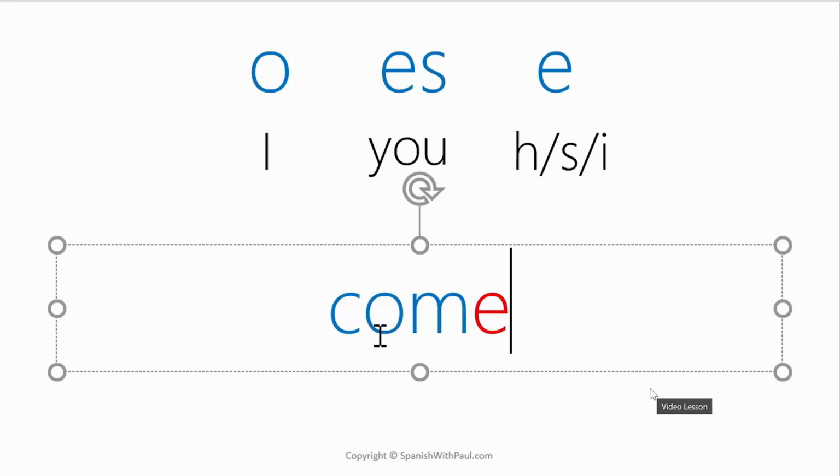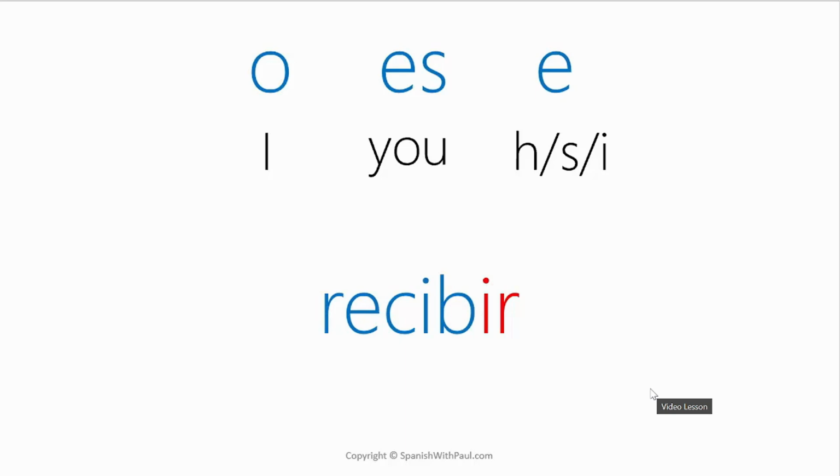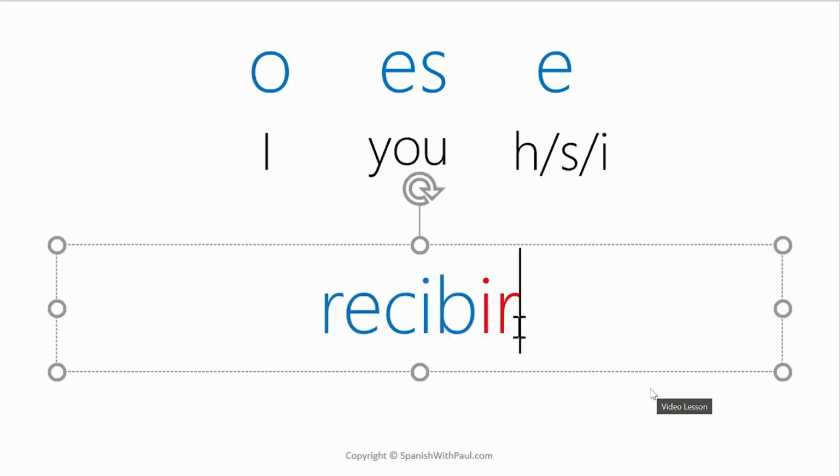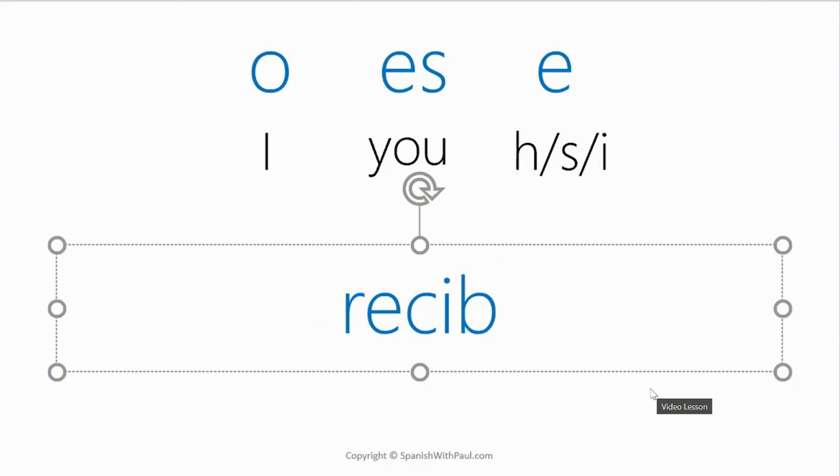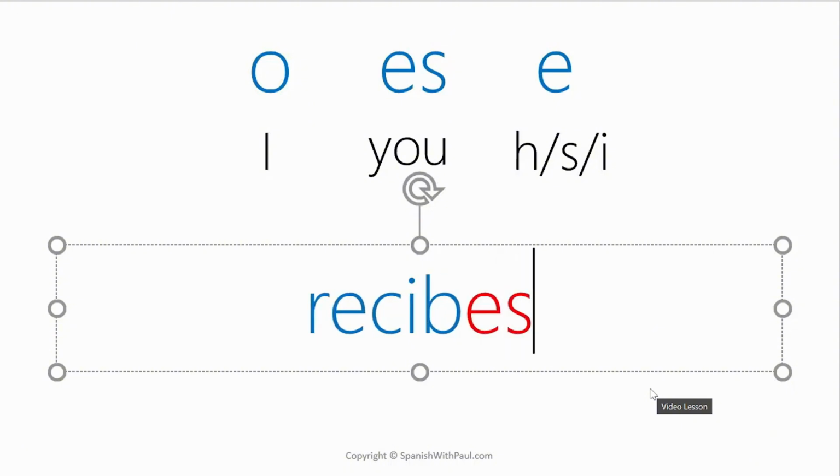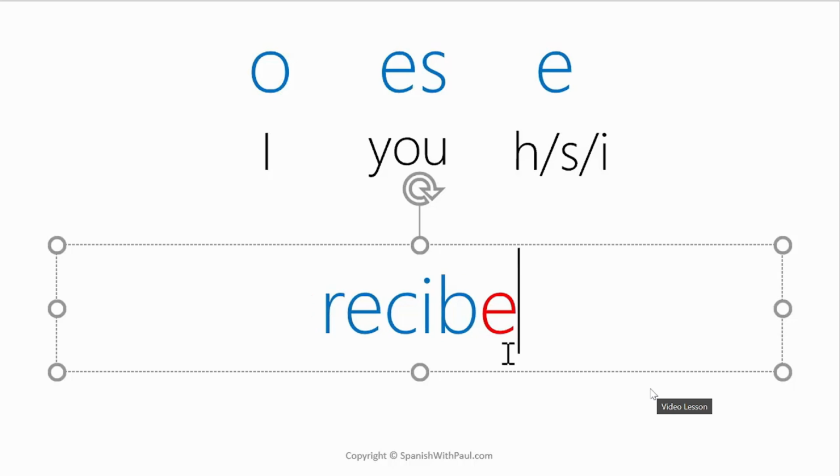Or he, she, or it eats, come. With recibir, it's going to work in the same way as the ER verbs. So recibo would be I receive. You receive, recibes. And he, she, or it receives, recibe.